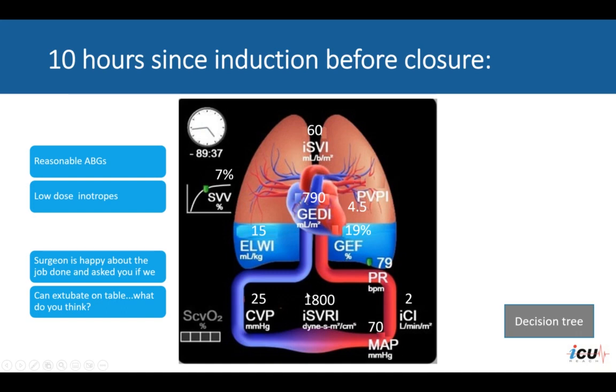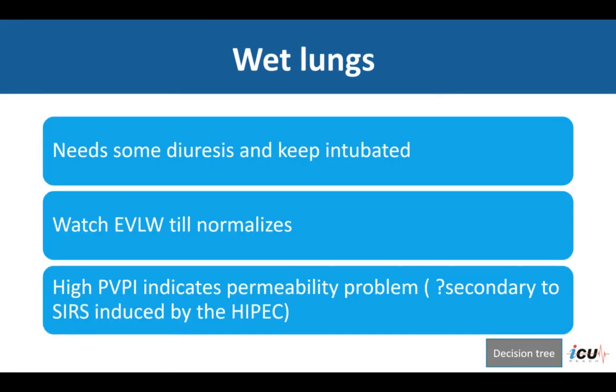What about systemic afterload, systemic vascular resistance? 1800, slightly lower than the normal. But the extravascular lung water is increased, 15 now, and the permeability index is 4.5. So I would be concerned about the increased extravascular lung water for this patient, and probably you would need to diurese him a little bit and keep him intubated.